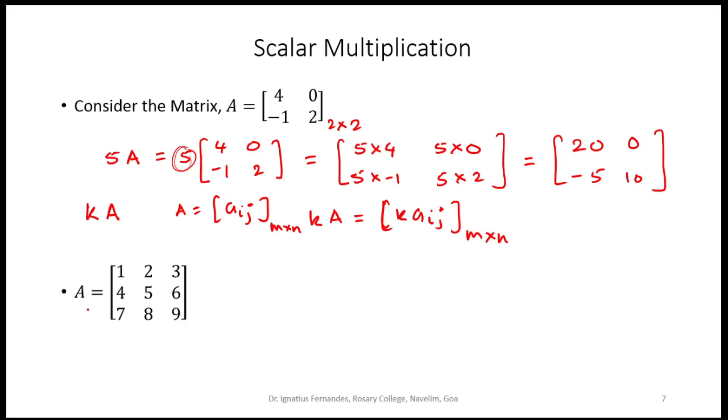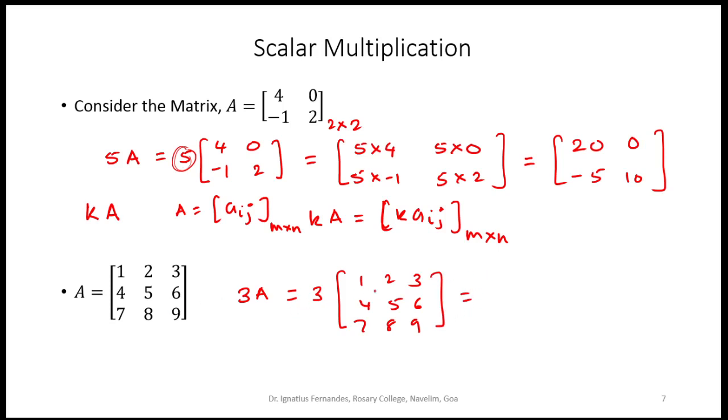Suppose you consider this matrix A, and you want to do scalar multiplication, 3 multiplied to A. So you'll multiply this 3 to 1 2 3 4 5 6 7 8 9.